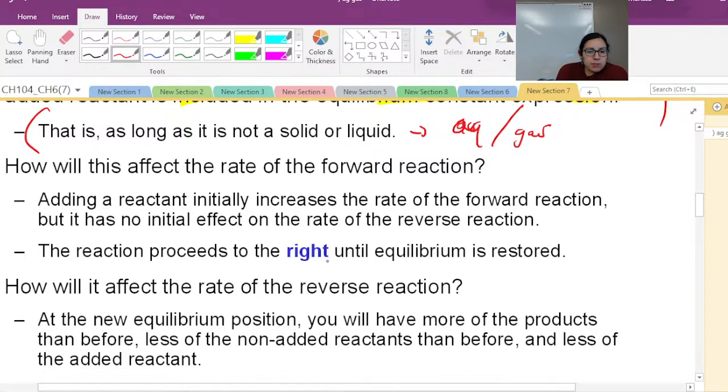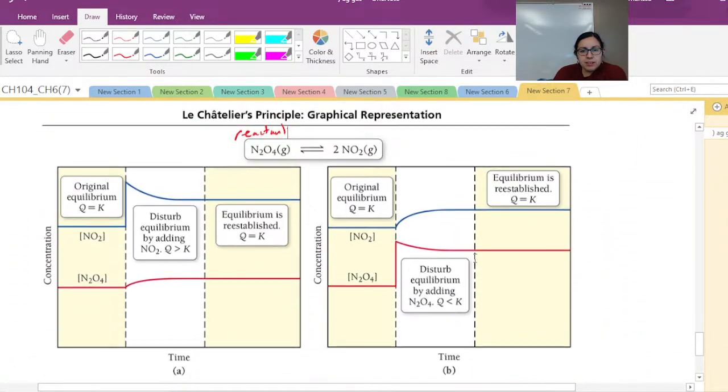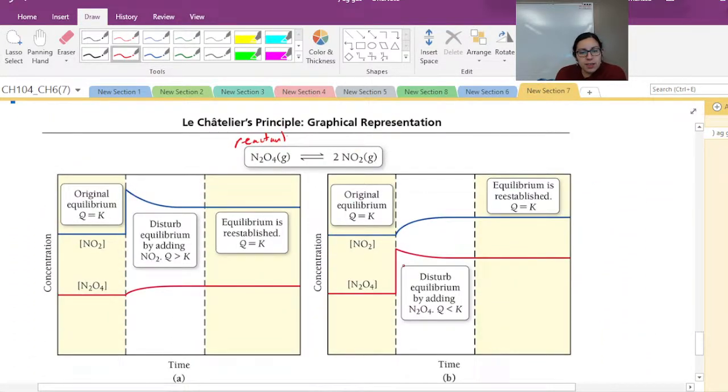And then the reaction proceeds to the right until our equilibrium is restored. Let's see that graphically. Okay, that matches up. We artificially perturbed our system, and now we can see our concentration of NO2 rising, which we expected.